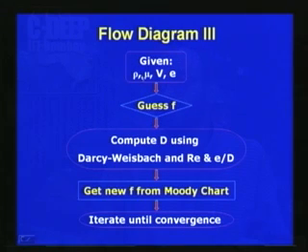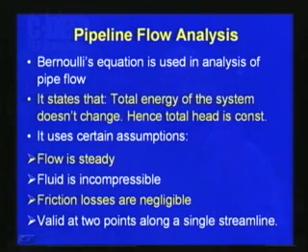Given rho, mu, V and e, we will guess a value of f, the friction factor, and then compute D using the Darcy-Weisbach equation, and then the Reynolds number and e by D are known. With respect to this, we can go to the Moody's chart and find the friction factor, and then again iterate until convergence. So this is the flow chart for the type 3 problem.